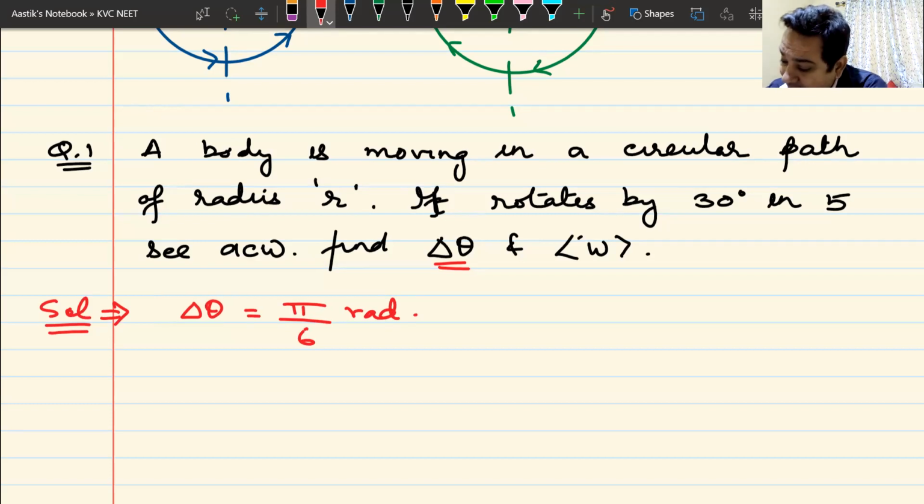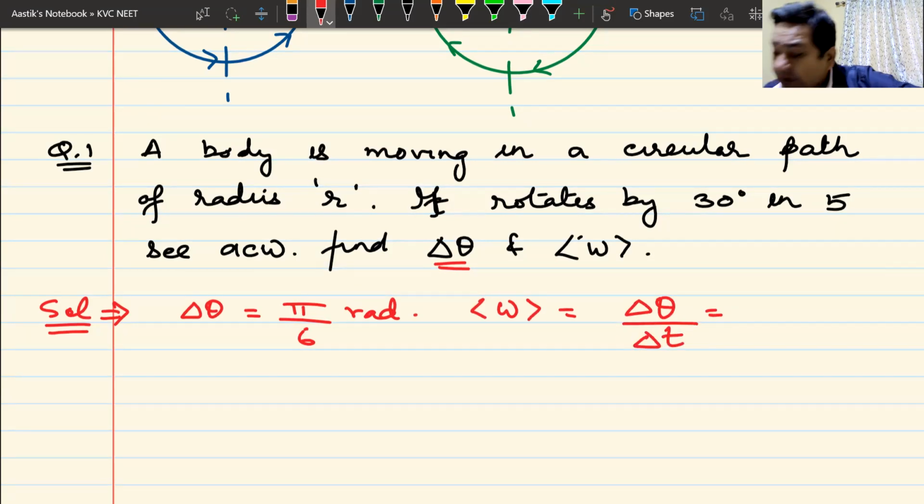Okay. Then what is average angular velocity? Average angular velocity is total angular displacement divided by total time. Total angular displacement is pi by 6. Total time is 5 seconds. So I divide pi by 6 by 5 seconds.